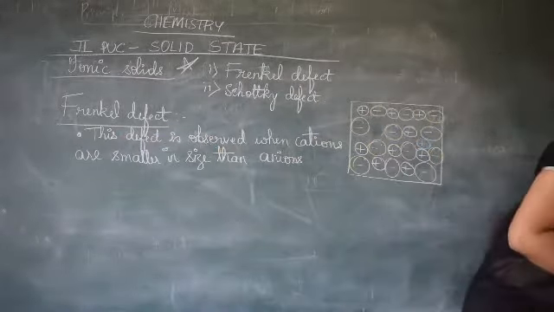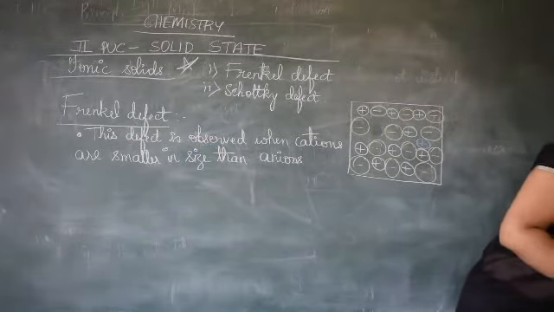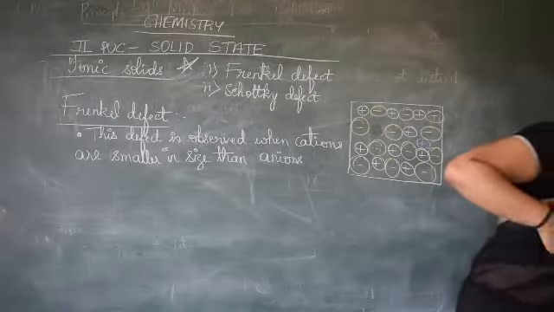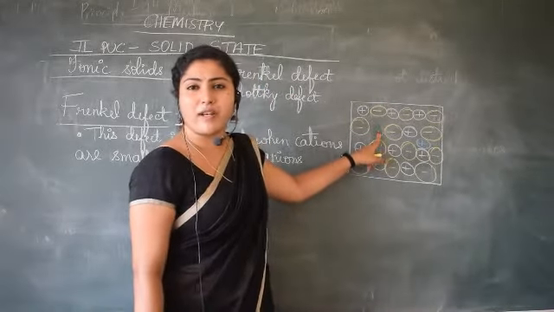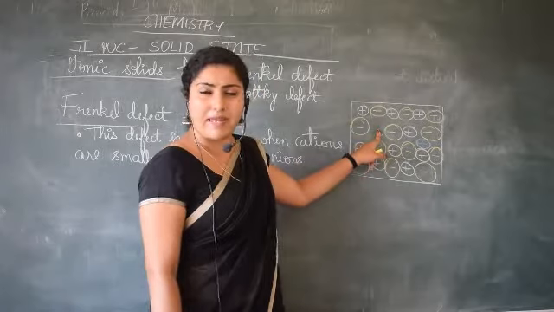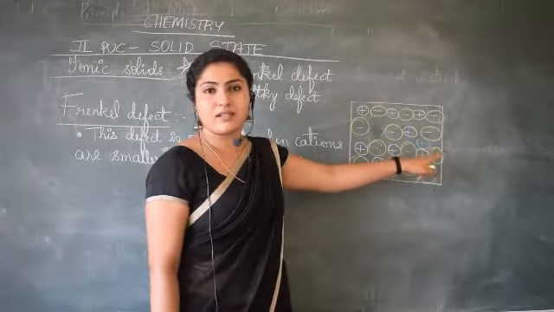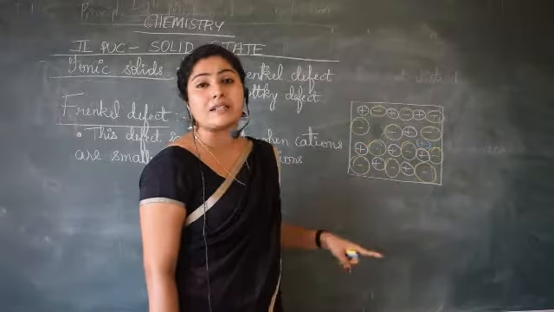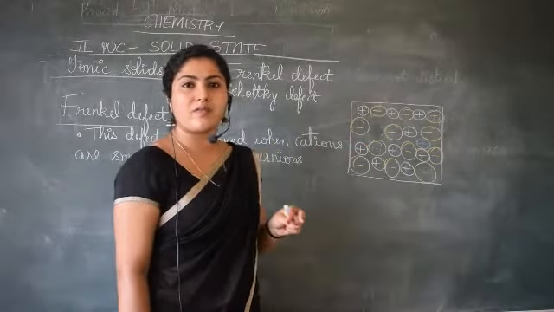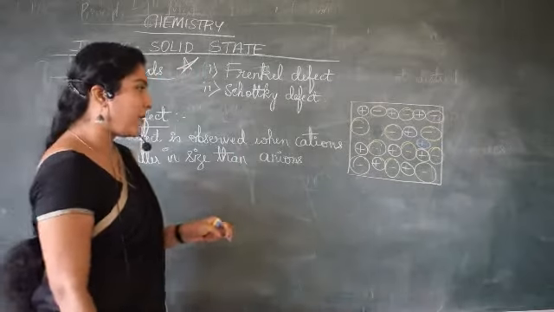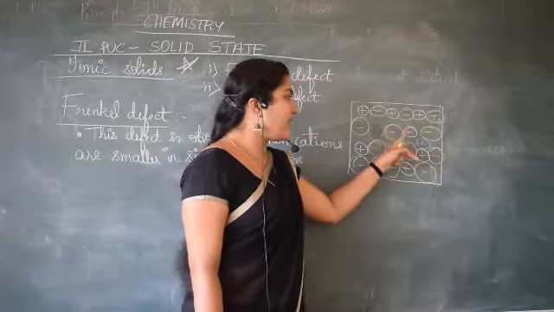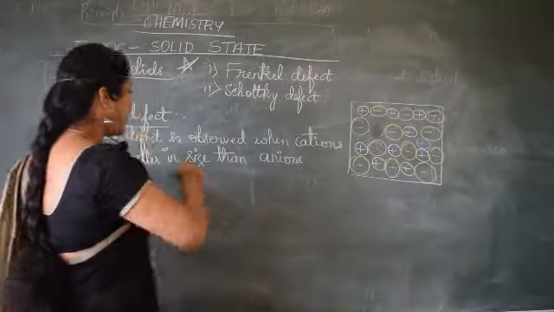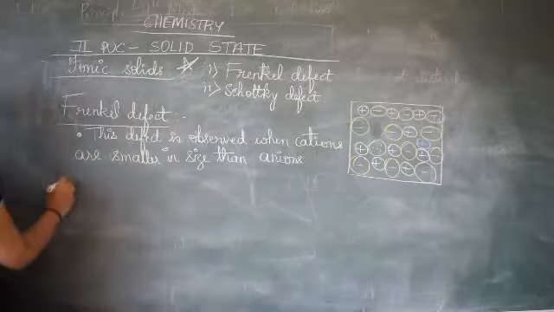The smaller cation has dislocated from the normal site to the interstitial site. Now, which type of defect do you see here? Here you see vacancy defect, and in the new site you see interstitial defect, isn't it? You find both vacancy defect as well as interstitial defect here. An atom from the normal site gets dislocated to the new interstitial site.